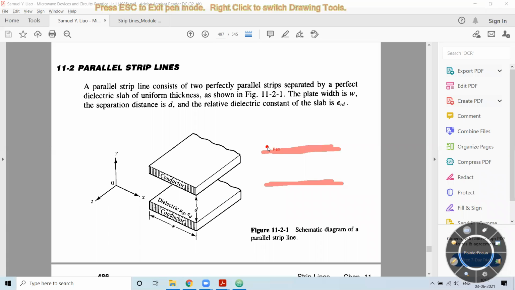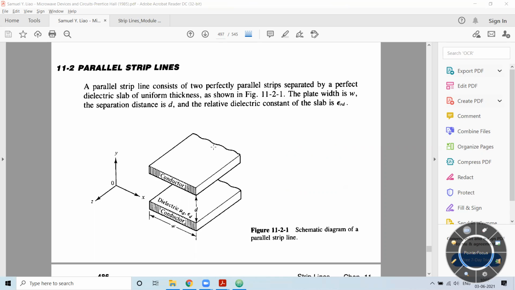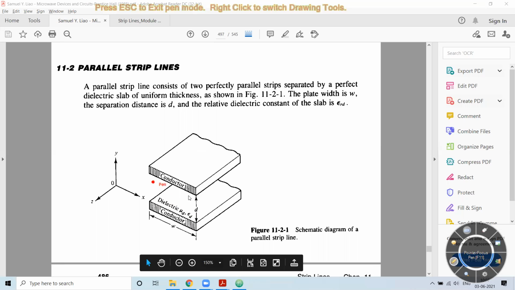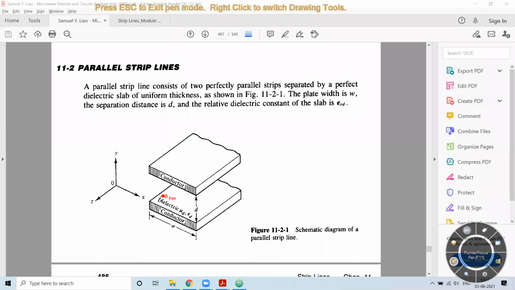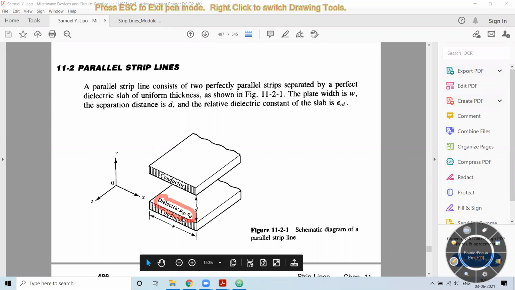Now, what is the advantage of this? In the previous case, we had only one conductor placed on the substrate. Now we have two conductors placed on either side of the dielectric substrate, because of which I can have connections at this point and at this point. As we observe here, the dielectric material has the dielectric constant and the permeability given by epsilon d and mu d, and the distance between the two conductors is d.